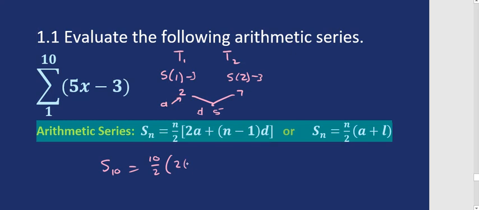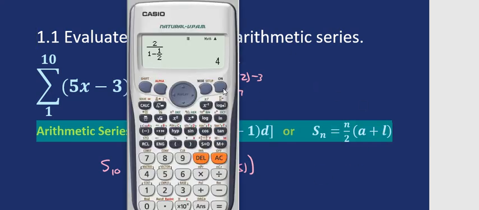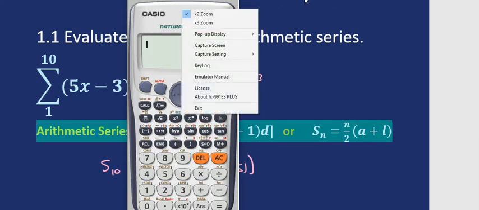A is the first term, which is 2, plus n minus 1, that's 9, because there are 10 terms, and we have a difference of 5. From the first two terms we know the difference is 5, so all other terms will have a difference of 5.